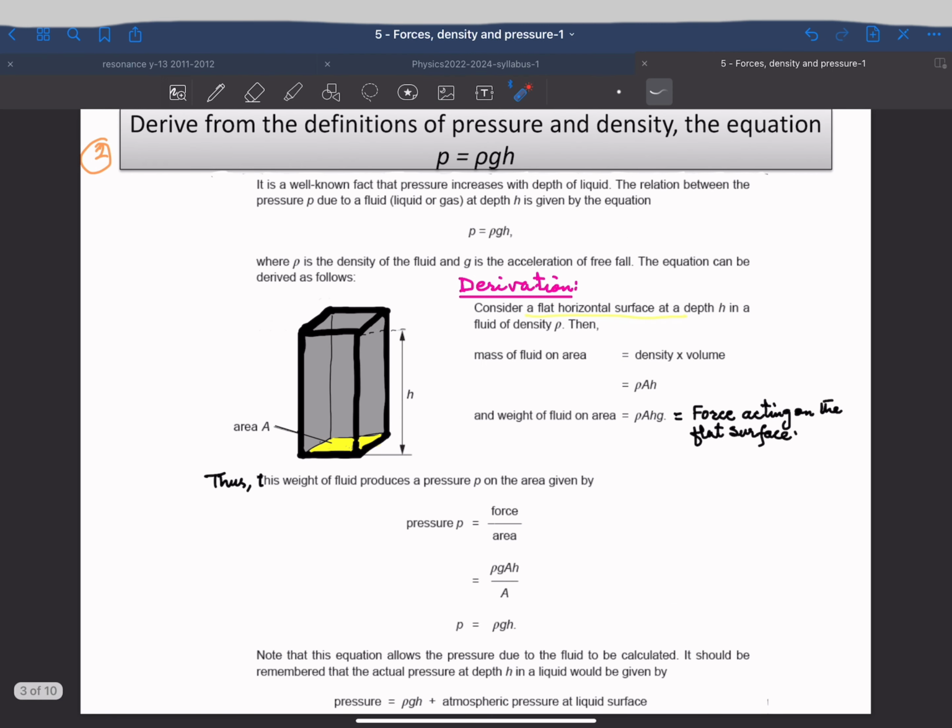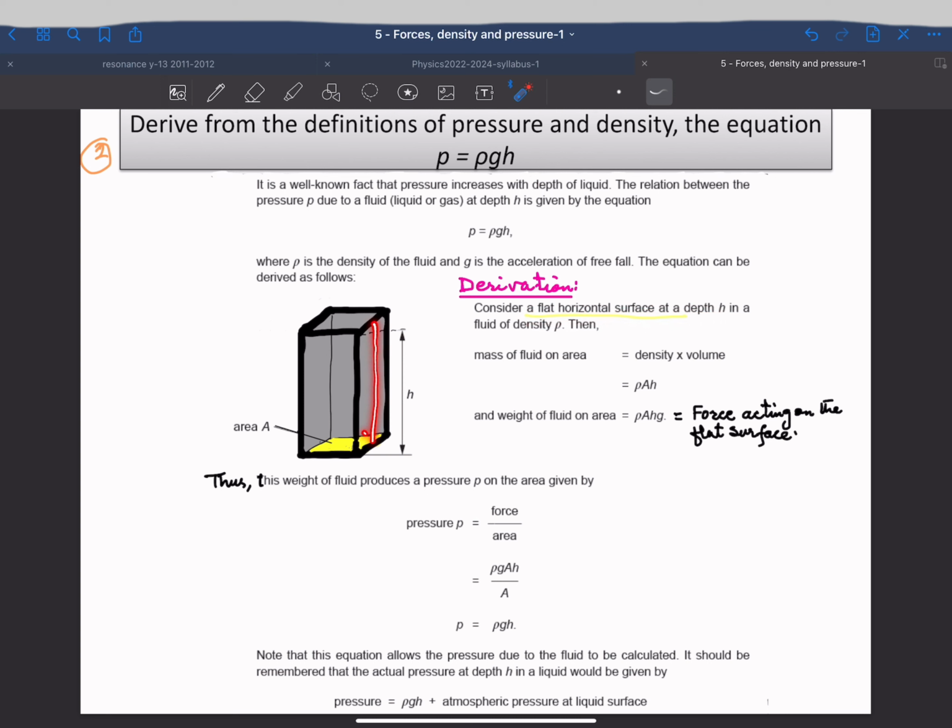Then here you have a sort of derivation for P is equal to rho g h. Here we can derive the pressure formula. The simple point to remember is that we have a flat horizontal surface at the depth h.